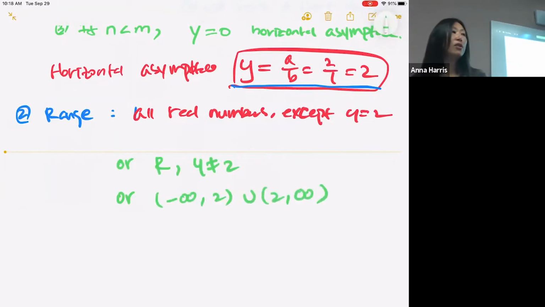So I can write it down 3 different ways, and any of these is fine. You can write it any of these ways.